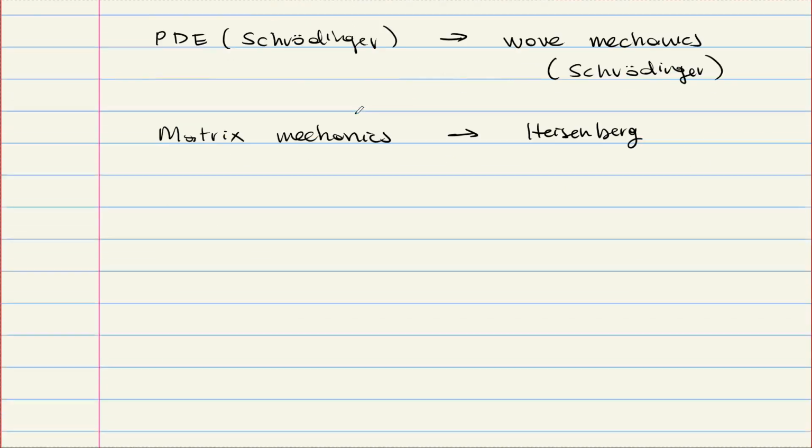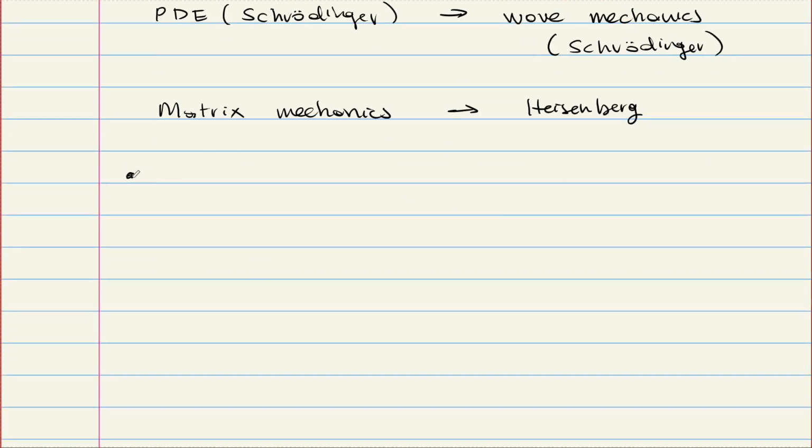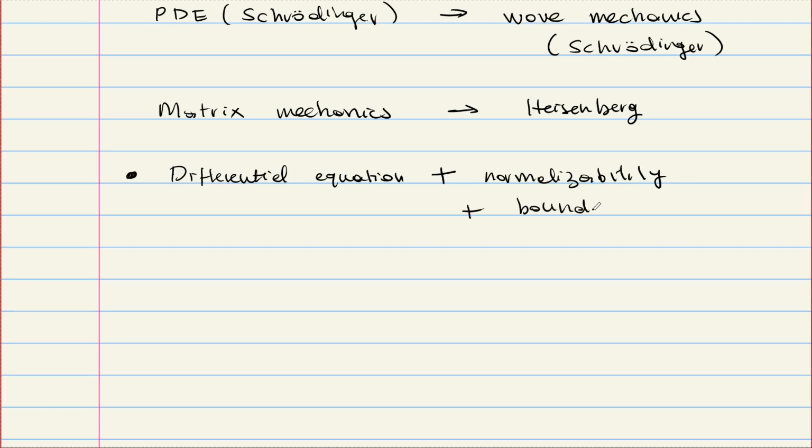Good. So the basic idea is we have a differential equation, plus some other conditions based on physics, like normalizability and boundary conditions. And boundary conditions are also related to normalizability.